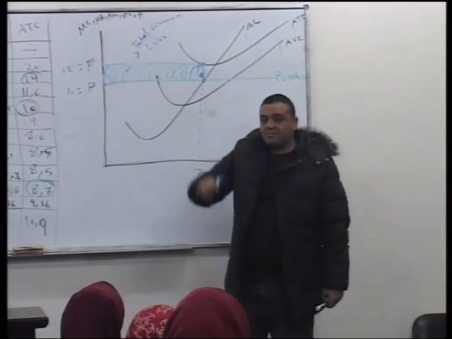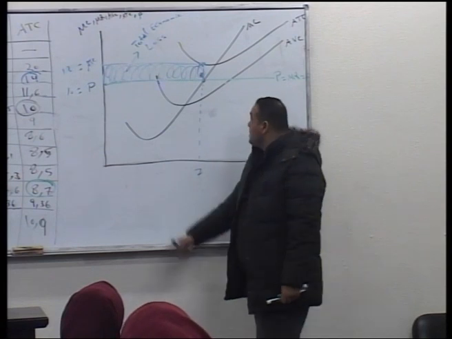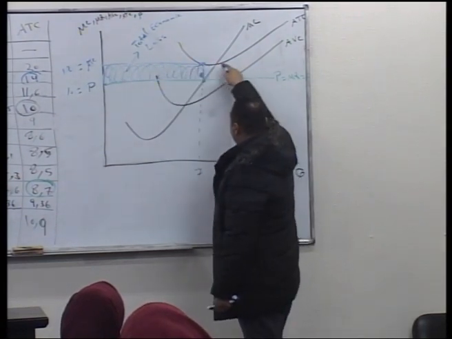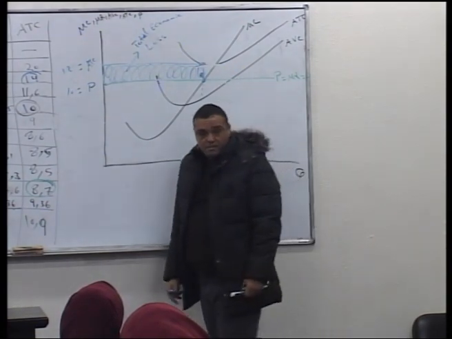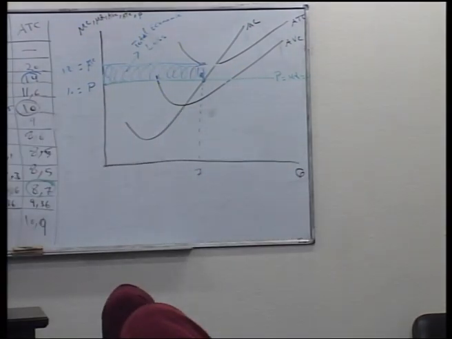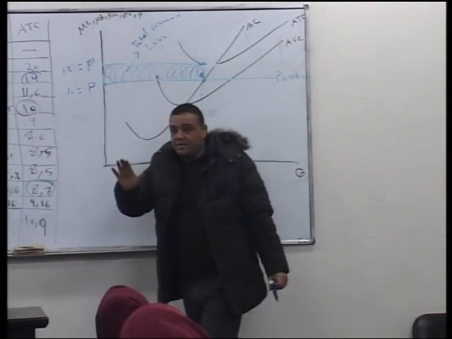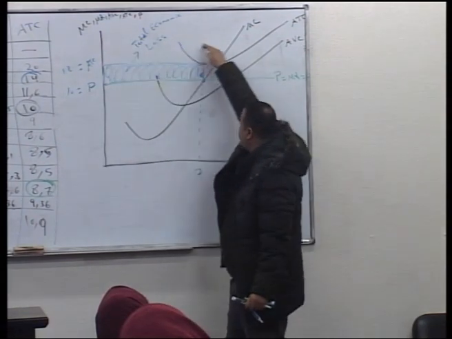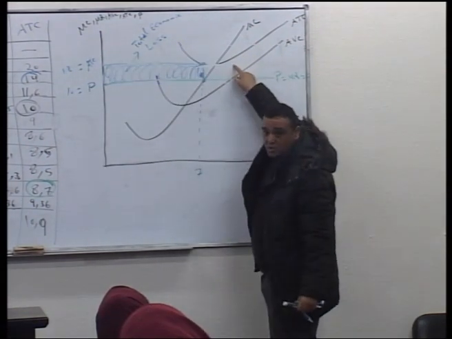The third case. Let's make the price tangent to the minimum AVC. The third case. So, what do you see? If the price is above or bigger than ATC, we have total profits.